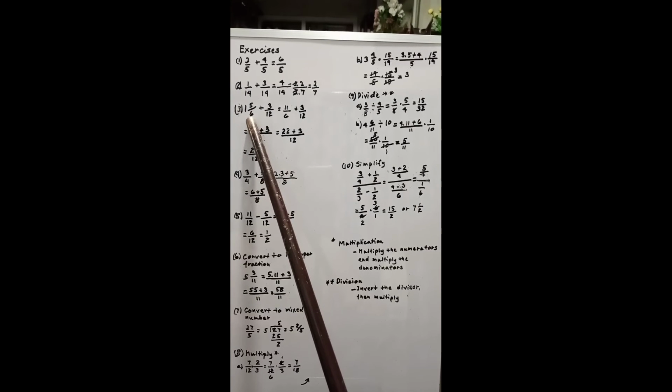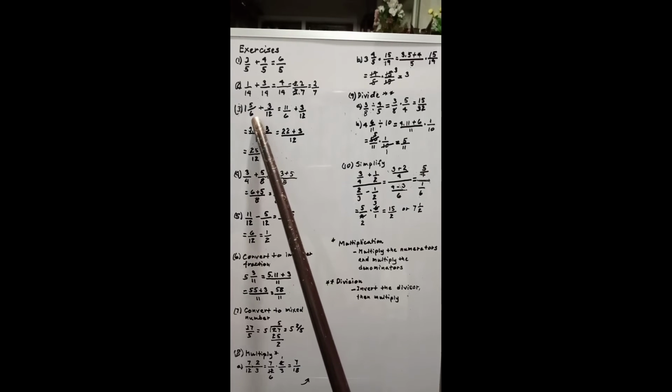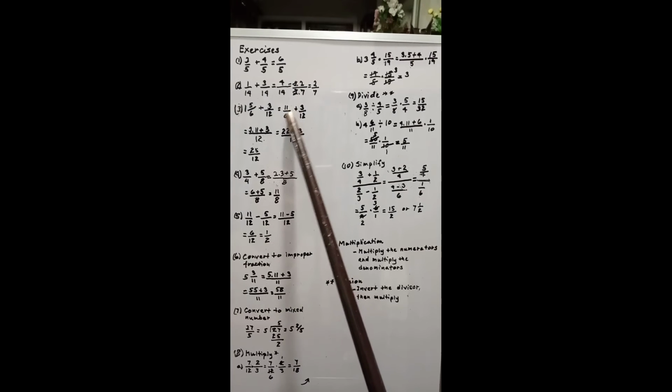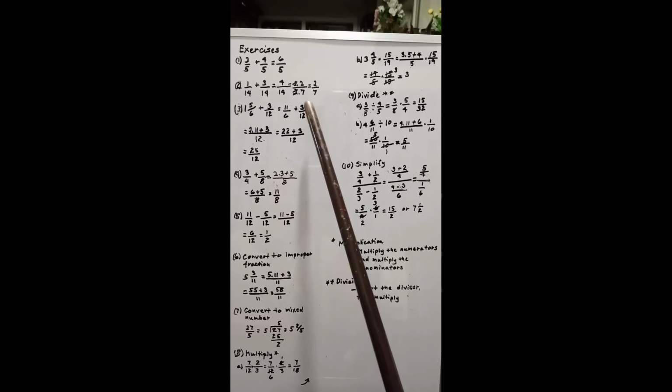Now let's go to number 3. We have a mixed number 1 and 5 over 6 plus 3 over 12. Change this to improper fraction by simply multiplying 6 times 1 equals 6 plus 5 equals 11 over 6 plus 3 over 12.